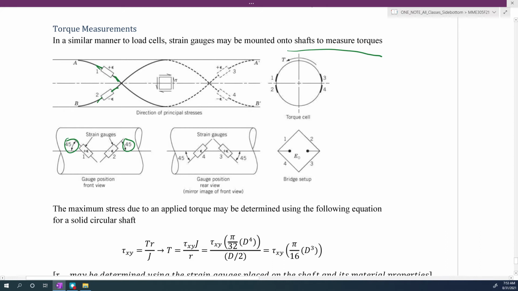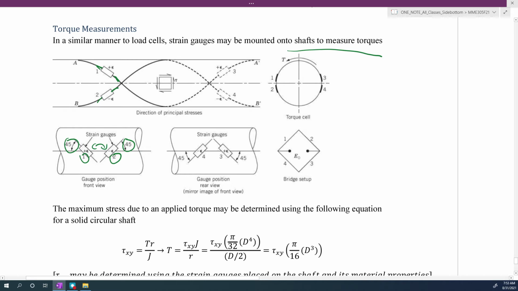All right. And what they'll measure is, they're rotated by about 90 degrees, which will mean that strain gauge 1 will read equal and opposite to strain gauge 2 for a given applied torque.